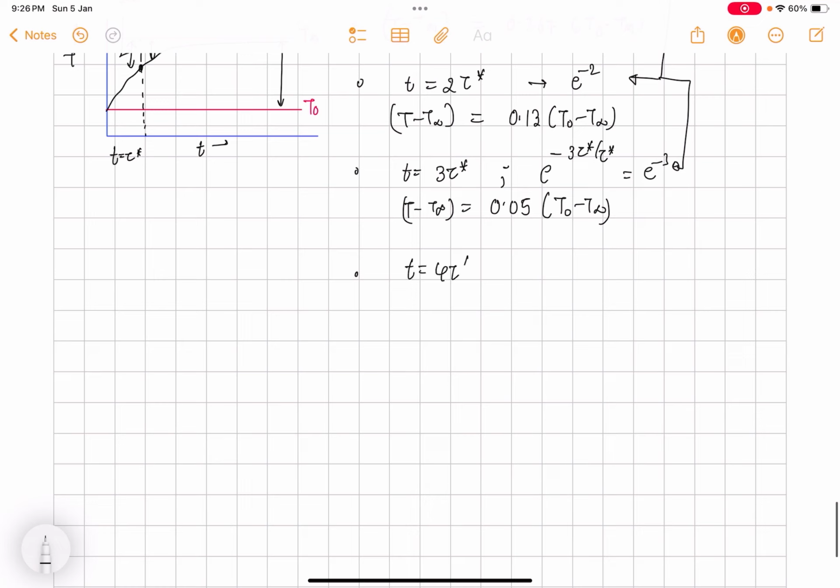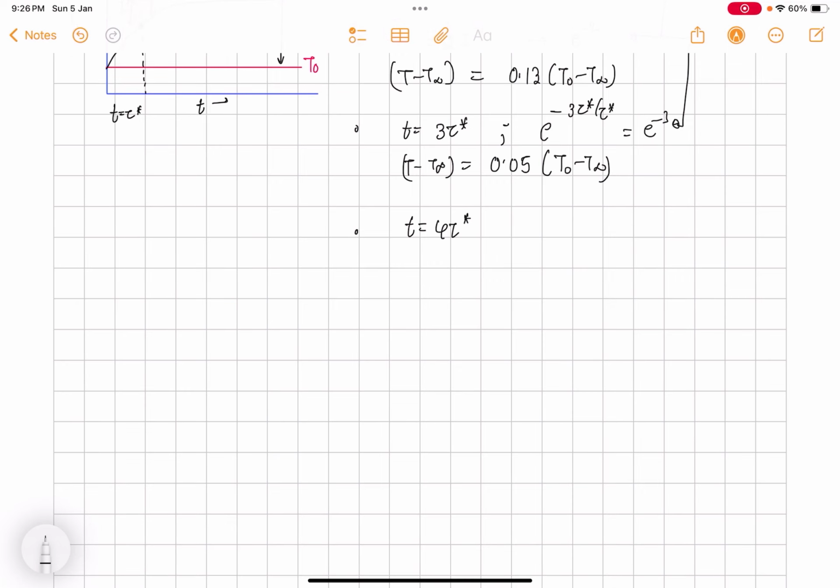In practice, we say that the thermocouple, or any other body assumed to be lumped, has reached the ambient fluid temperature if the time is greater than or equal to 4 times the thermal time constant. For this the value is approximately 0.02. So T minus T infinity is approximately 0.02 times T naught minus T infinity.